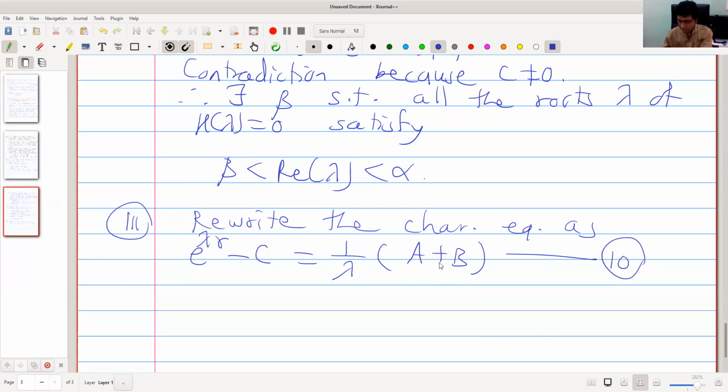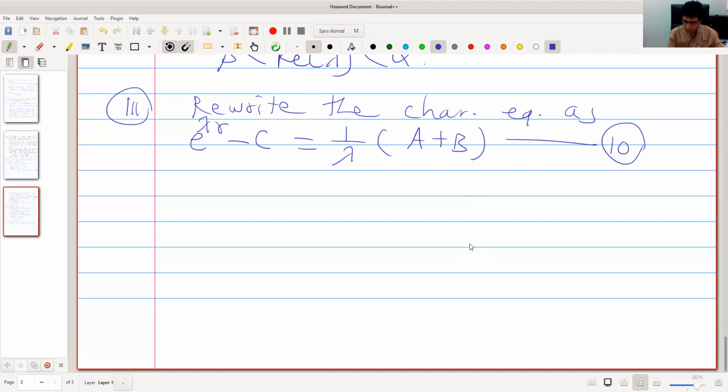So our characteristic equation is lambda into 1 minus c e raised to minus lambda r, minus a, minus b e raised to minus lambda r equal to 0. Okay, so we multiply by e raised to lambda r and divide by lambda.